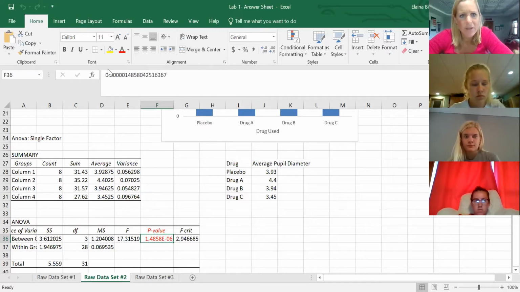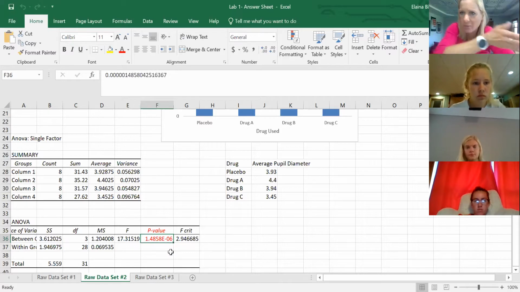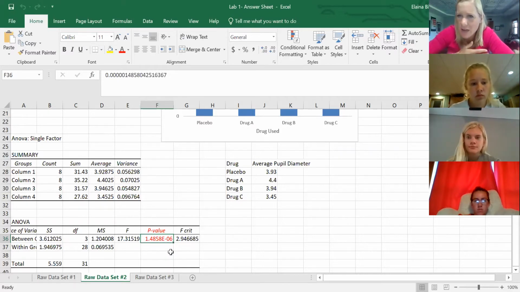This is what that number actually represents. So this is converted into a bunch of zeros. Basically the -6 means you move the decimal point 6 places to the left. Again, I wouldn't expect you to know that unless you've taken a statistics or research methods class already.